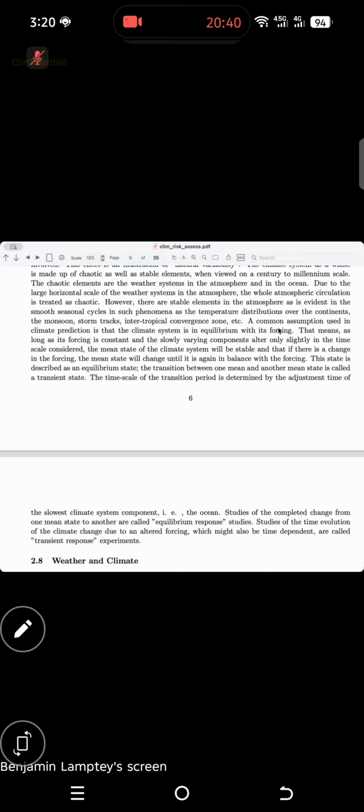The atmosphere is a subsystem, the ocean is a subsystem, land is a subsystem, and you need information from all of them to interact. In addition to external forcing, whatever human beings are doing, whatever industries are doing, all that information comes in, and then you make assumptions.